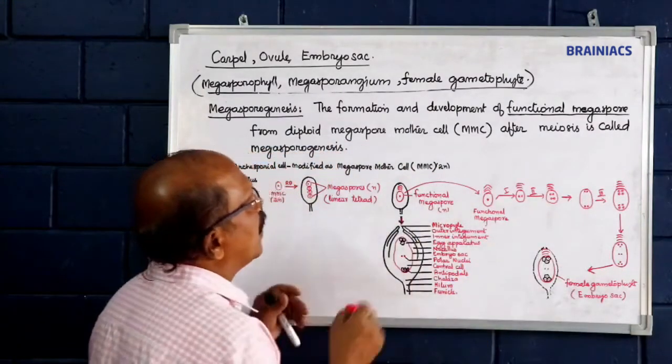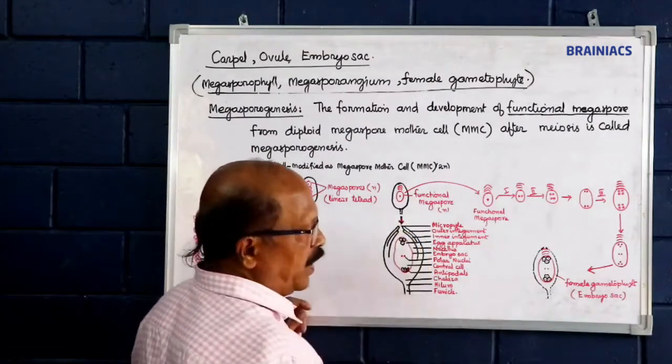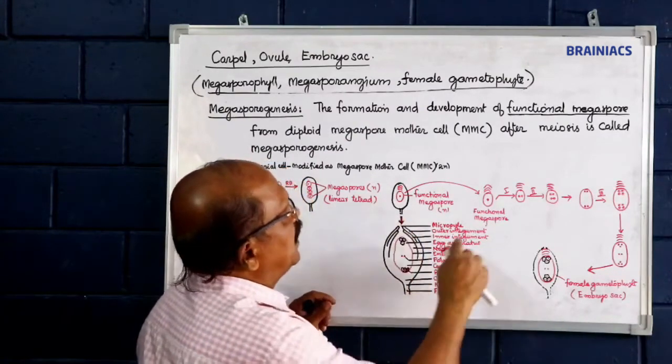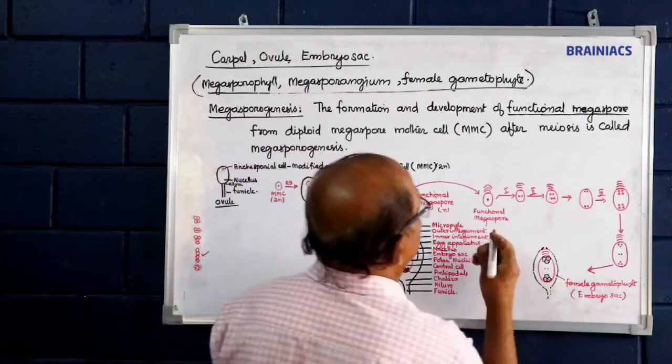This is the opening called the micropyle. The protective covering is the integuments.